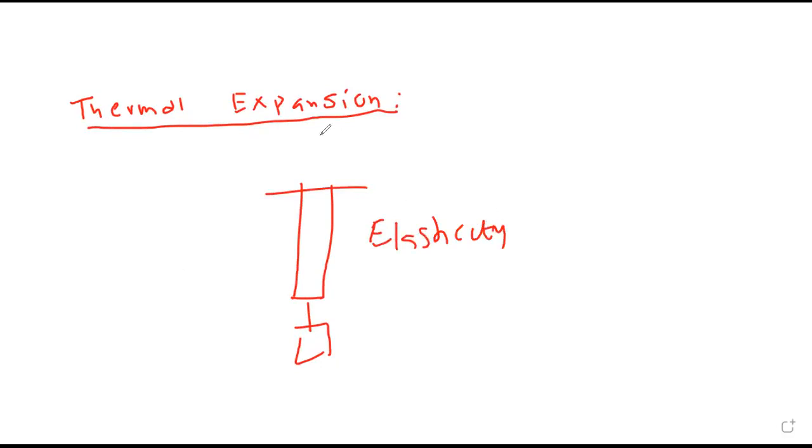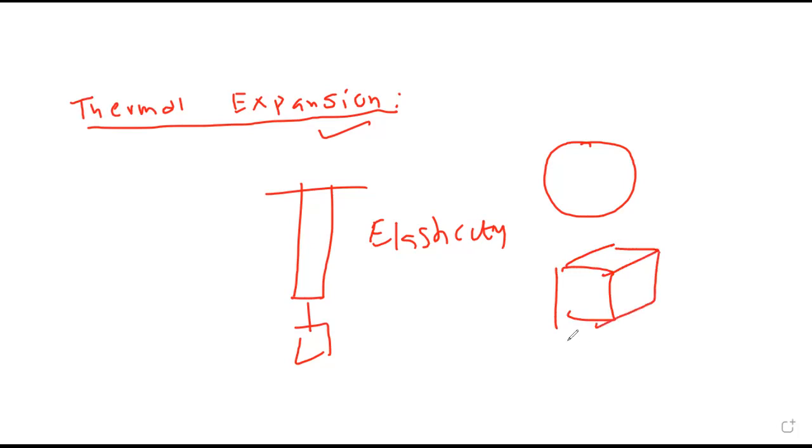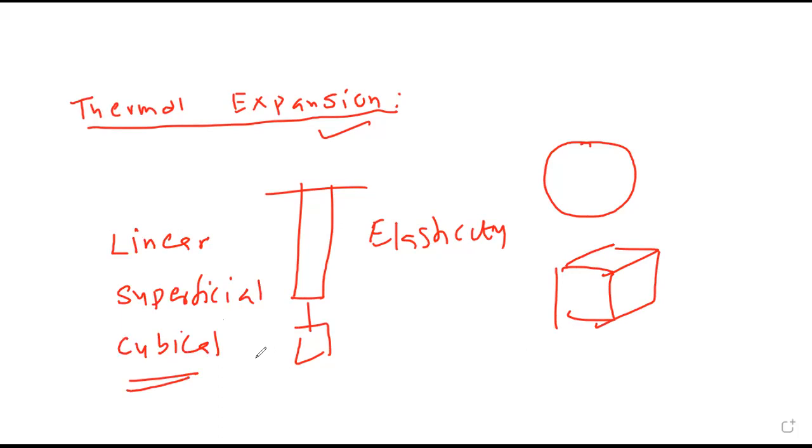But by heating, if it is expanding, then it is called thermal expansion. Solid has got definite shape, so it will expand in length, breadth, as well as height. So it has got three expansions: linear expansion, that is length; superficial, that is areal expansion; and cubical expansion, which is volume.